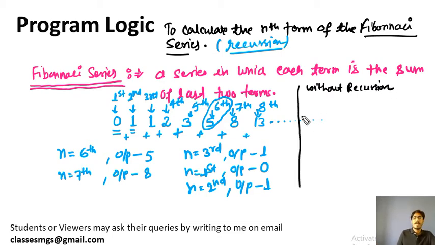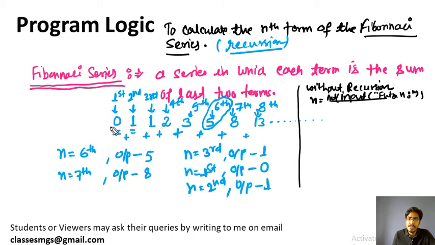Without recursion, what we need to do is take the input from the user. Let's suppose I am using the input method and taking any value from the user. I will convert it into an integer, and take n as any value.